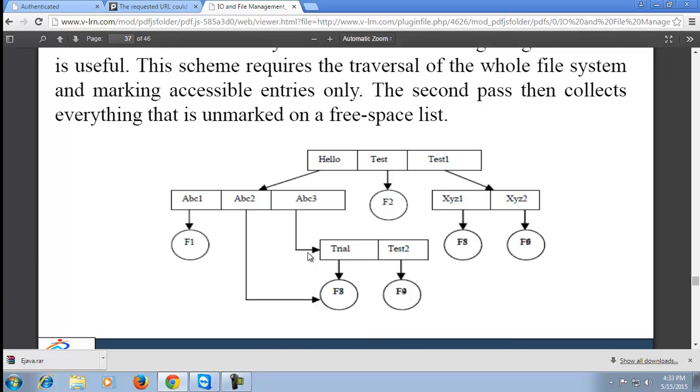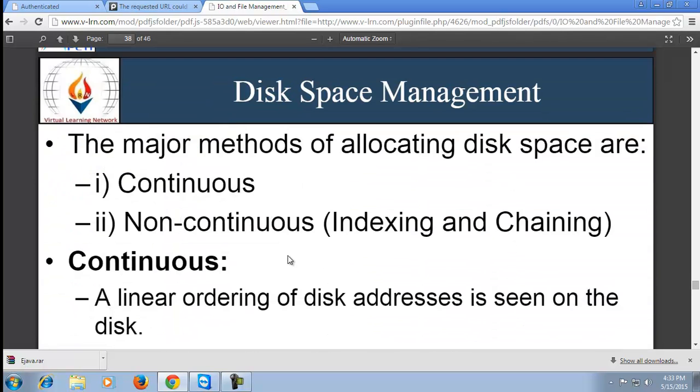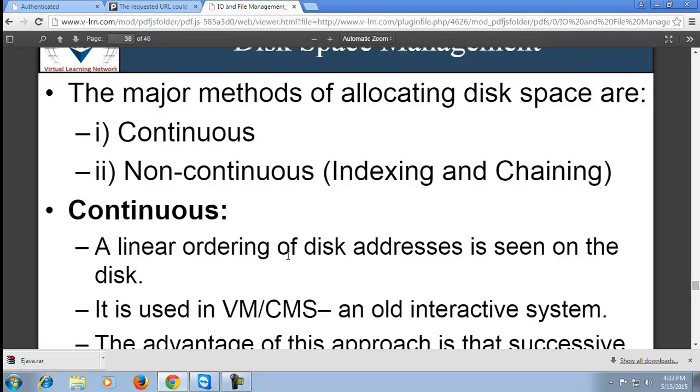Disk space management is also a very important task here. There are two ways of disk space management: continuous and non-continuous. In continuous, we have the number of locations in a continuous manner, like 1st, 2nd, 3rd, 4th, 5th. But in the non-continuous way, we have locations in a discrete way, and in a discrete form the first location can be 10 and the next location can be 50, but the node stored at the 10th location has the address of the next node location and also has the data.